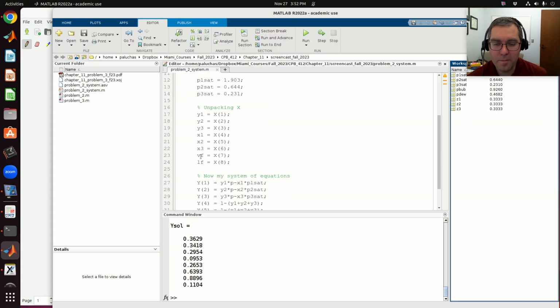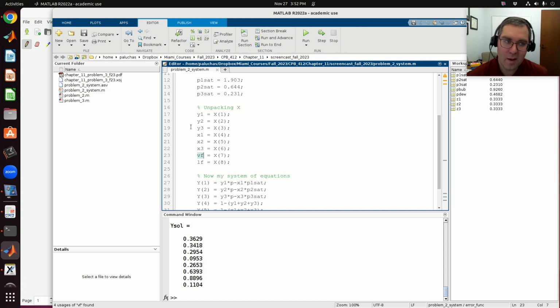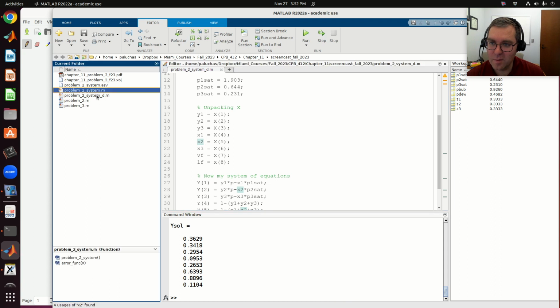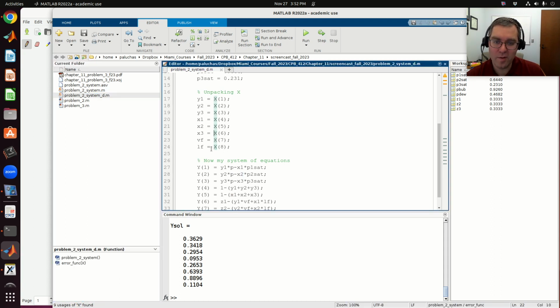So I'm going to make P my last variable in the interest of simplifying this. I'm going to make L over F my 7th variable, and P my 8th variable. Oh, and before I do this, I'll do an underscore D to make this D. That way I've got system and system D. So you have everything.